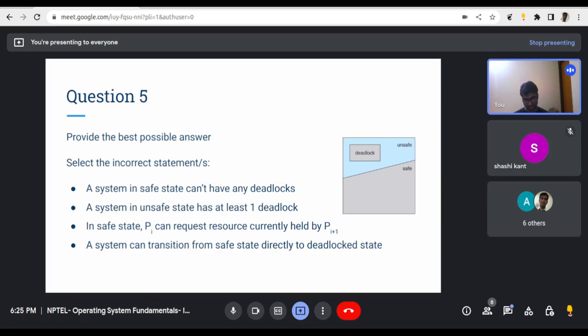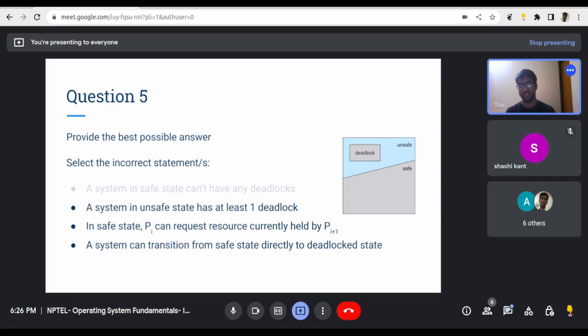There may exist some resource requests in the unsafe state that may not be fulfilled by the current situation of the system, and in the safe state the opposite happens, that all the resource requirements that can come can be fulfilled by the system, so that all the processes can progress ultimately. Okay, so actually these three statements are incorrect rather.